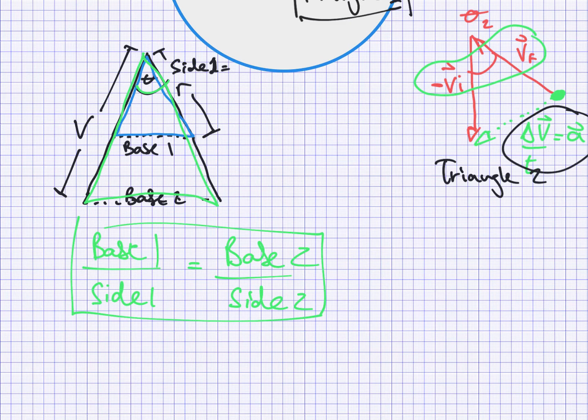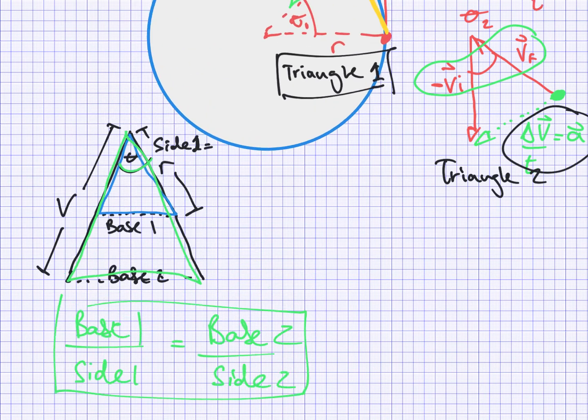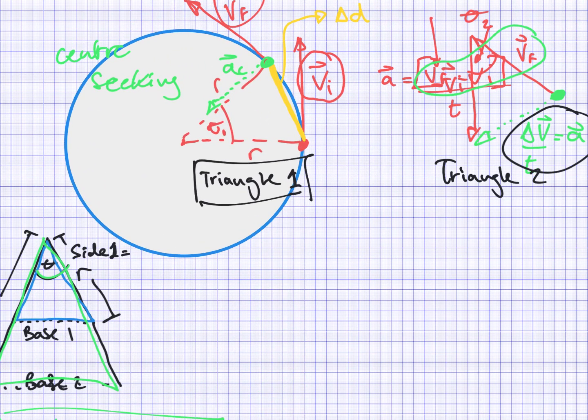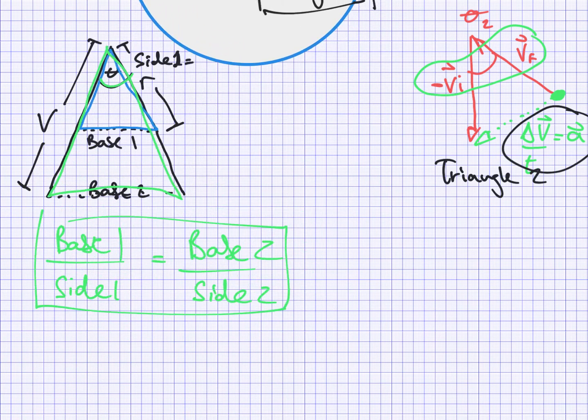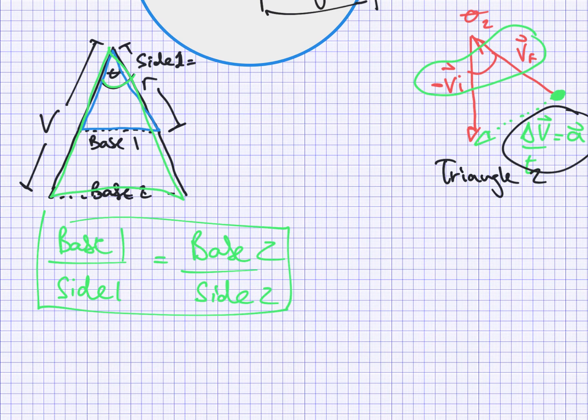Here we go. This is the fun part. Base 1 was, remember, it was that yellow line. So let's just bring that back in. It's this yellow line, which is the change in the position. Okay, so let's put that in. So base 1 is the change in the position. Side 1, well, side 1 from our triangles was the radius. Okay.